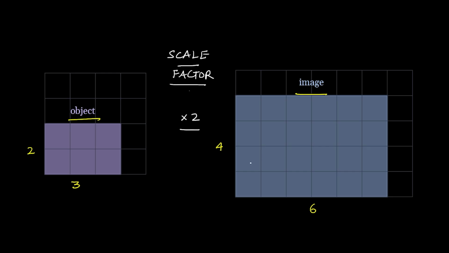So 2:3 and 4:6 also gives us 2:3. Both of these have the same proportions. We call them similar shapes. They're the same shape, just different sizes.